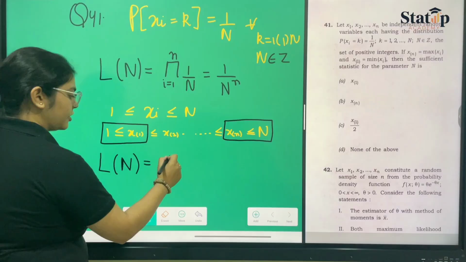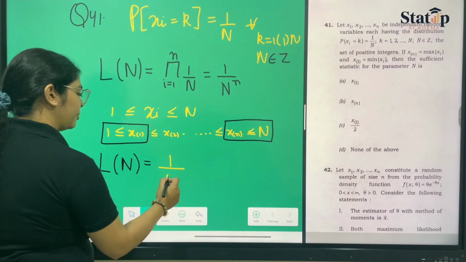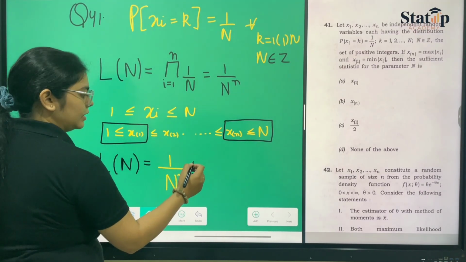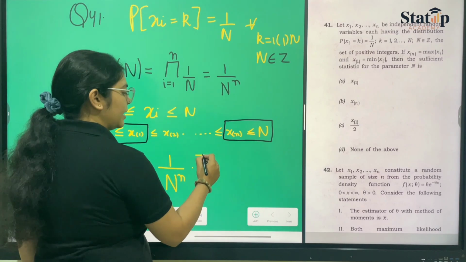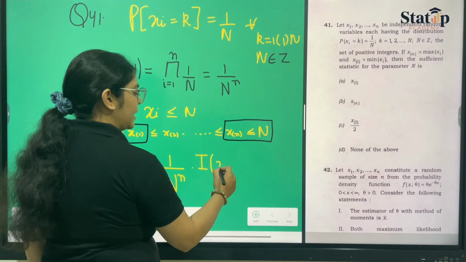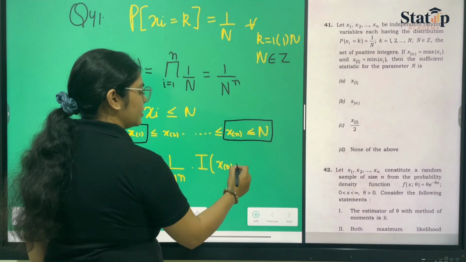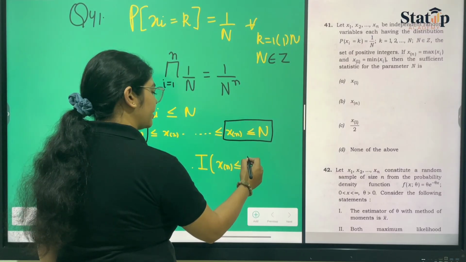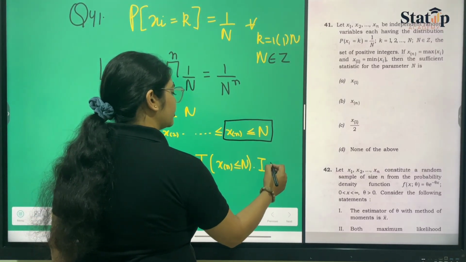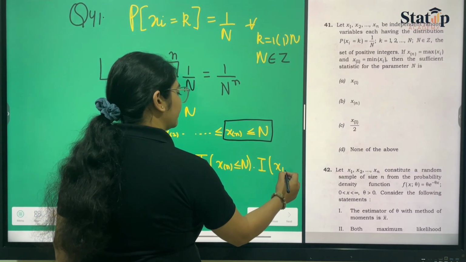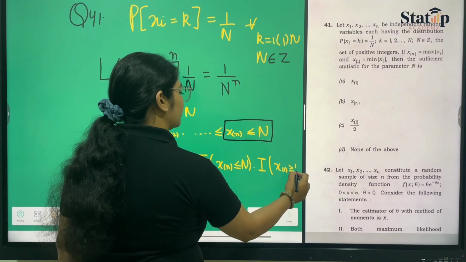Now our likelihood function will become 1 upon N raised to the power n, into the indicator function that Xn is less than or equal to N, into the indicator function that X1 is greater than or equal to 1.